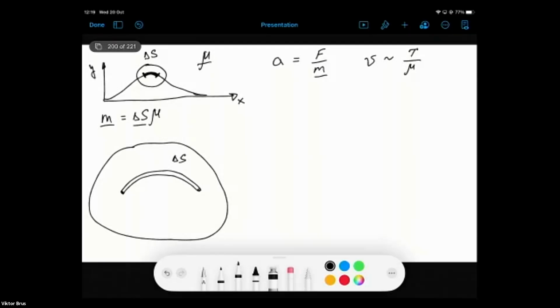So let us assume that our pulse is moving from the left to the right.